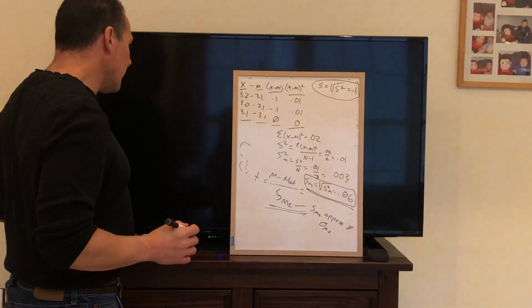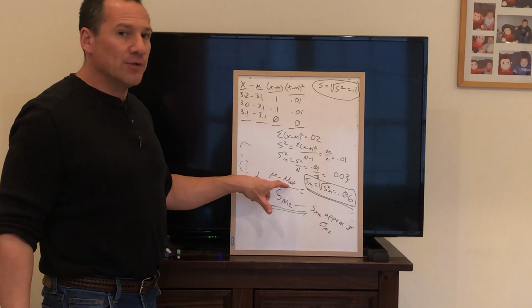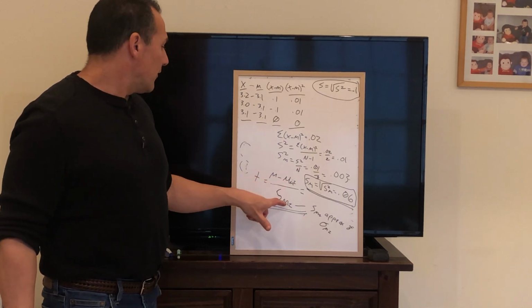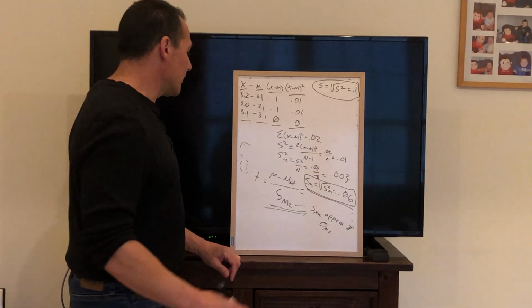So t equals our sample mean minus the mean of the distribution of means divided by s sub M sub 2, which in this case is 0.06.